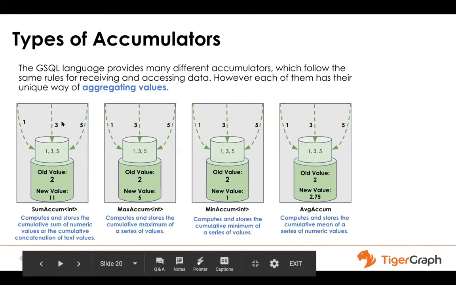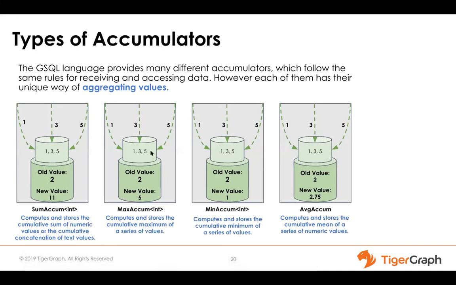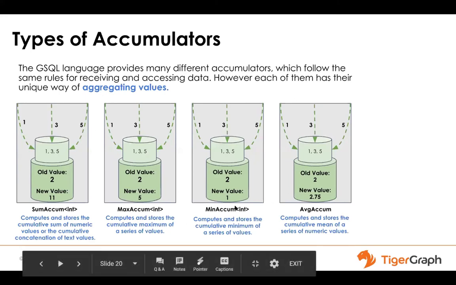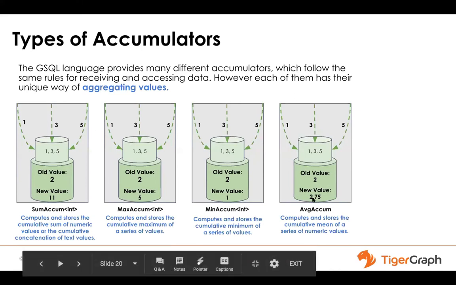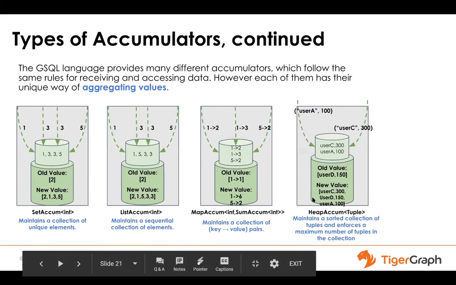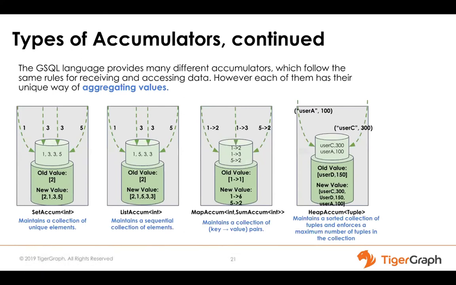If you're performing sum, you add these values, you get 11. If you have a max accumulator, you take the maximum value that you've seen out of the entire history, so that would be 5. Min accum, the minimum value you've ever seen, so that would be 1. And average, as we can understand, average all the values you've ever seen, 2.75. So those are all ones that return a single value.